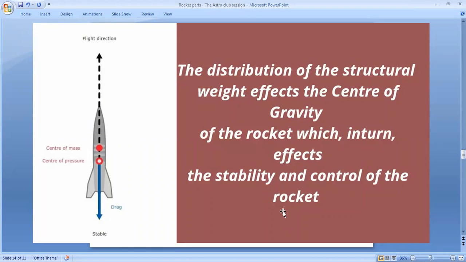During the flight of the rocket, the stability of the rocket should be maintained. That is why the distribution of the structural weight is very important. So did you all understand up till here? Yes, sir. Yes, Akka. Yeah.